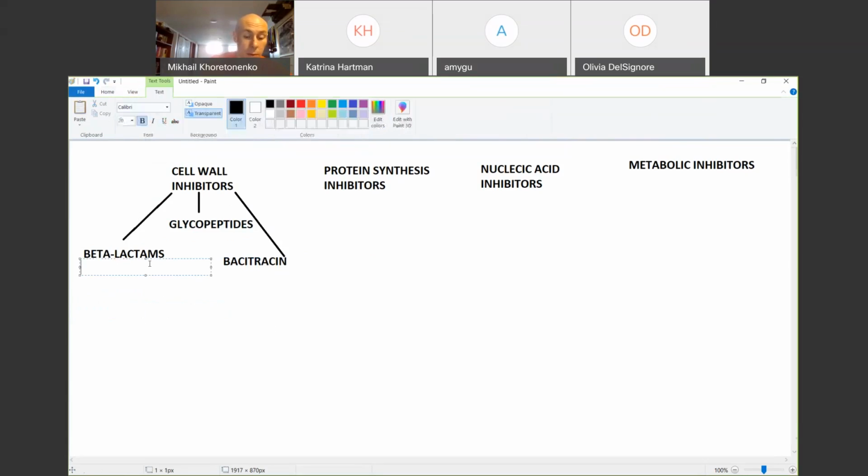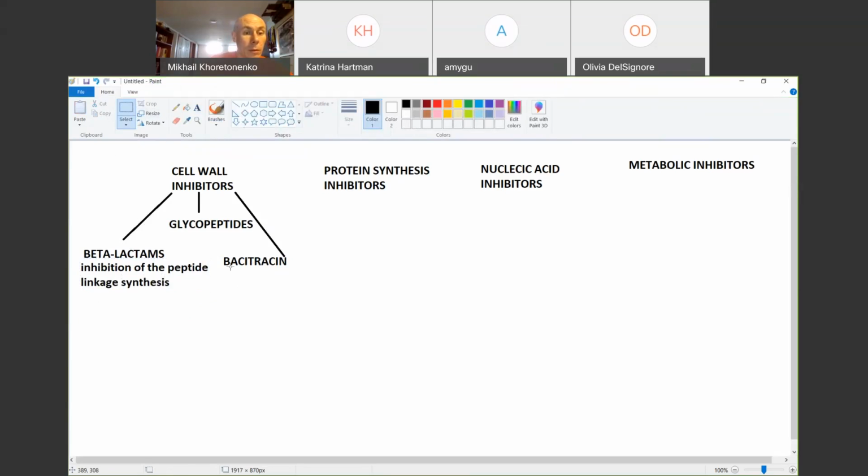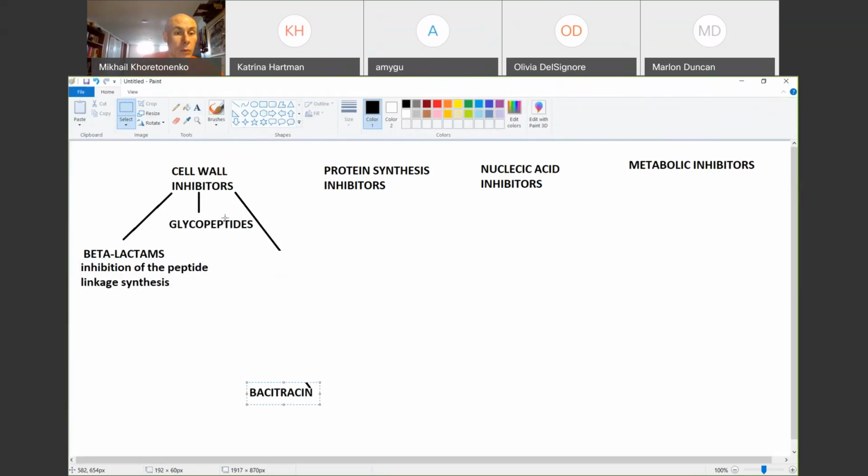Beta-lactams, we have inhibition of the cell wall peptide linkage synthesis.